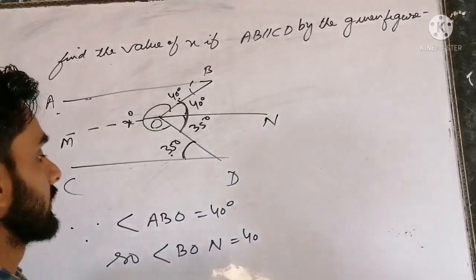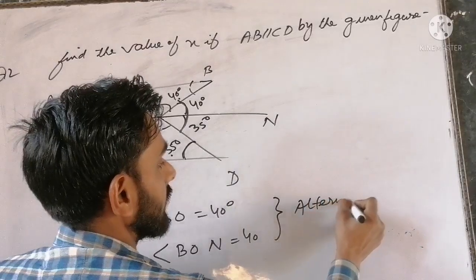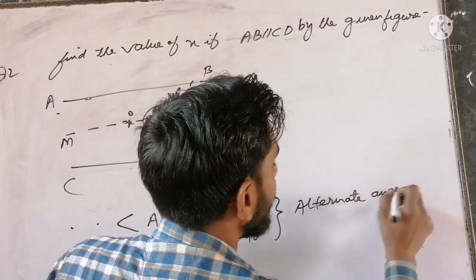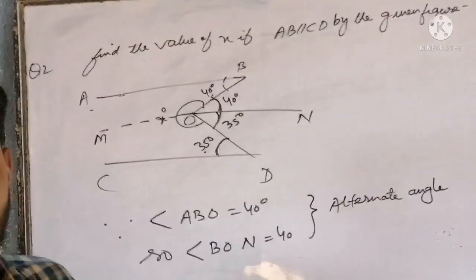What is the reason? This is an alternate angle. You have already read it: alternate angles are equal in parallel lines.